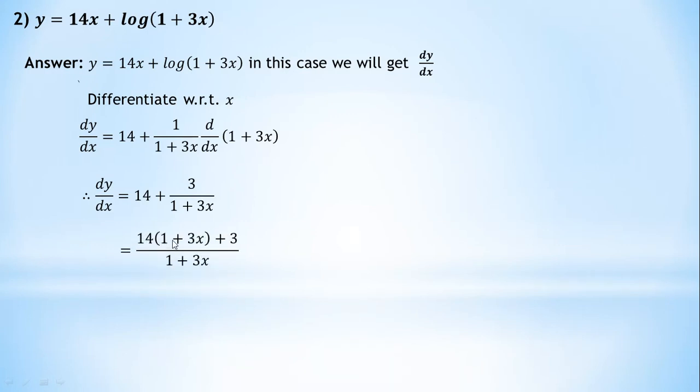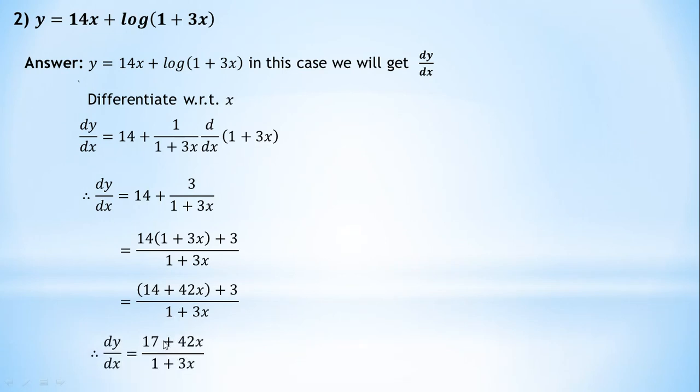So 14 into 1 plus 3x plus 3 upon 1 plus 3x, and after solving we get 14 plus 42x plus 3 upon 1 plus 3x, and hence we get dy by dx is equal to 17 plus 42x upon 1 plus 3x. So just by taking some steps we get this proper answer, that is of dy by dx.